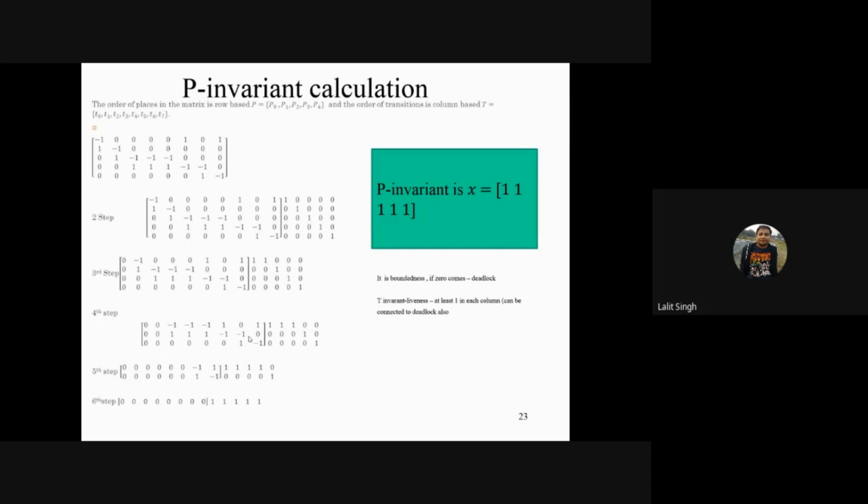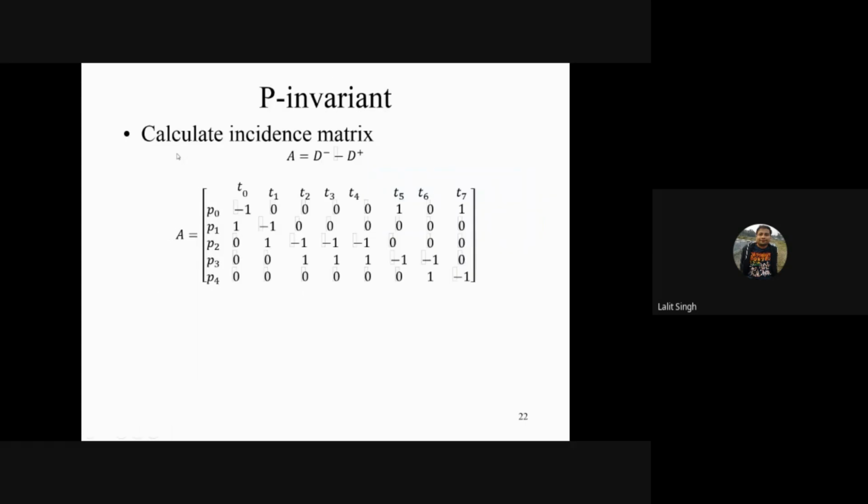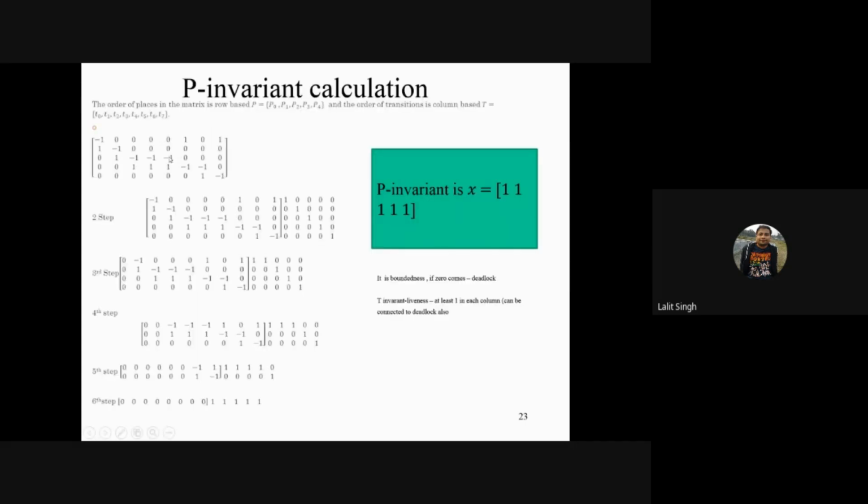Now we have to calculate the P invariant. We keep this matrix as it is, and write an adjacent identity matrix, or unit diagonal matrix, having the same number of rows as this incidence matrix, and it should be a square matrix.